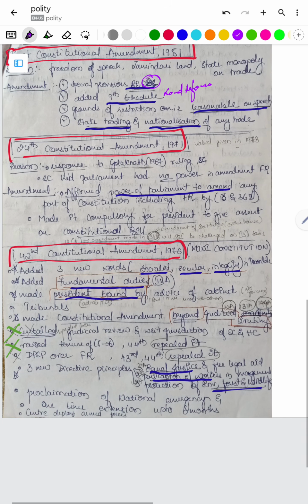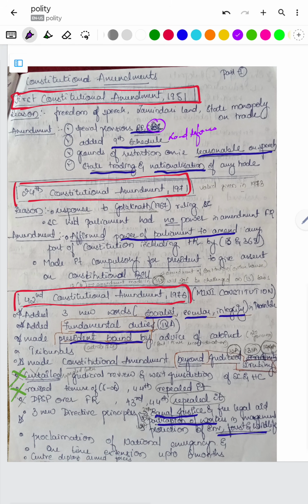But this affirmed that Parliament has the power to amend the constitution, because at the same time the Kesavananda Bharati case was also there. It made it compulsory for the president to give assent to a constitutional amendment bill. Okay, got that.